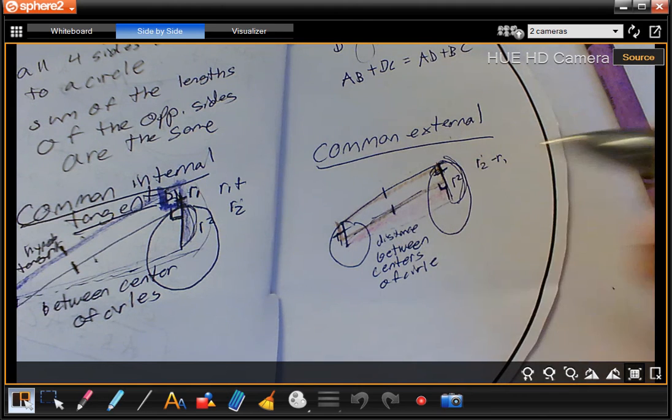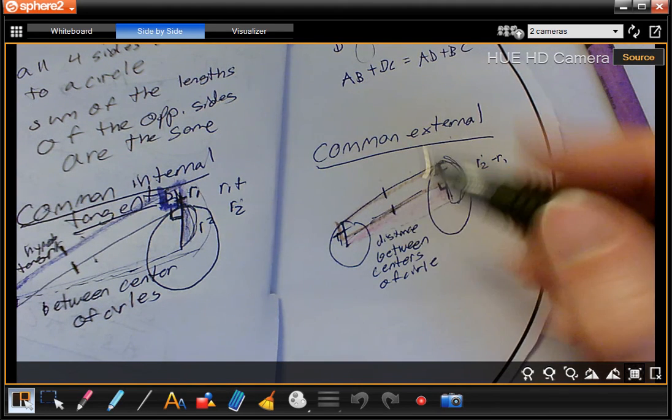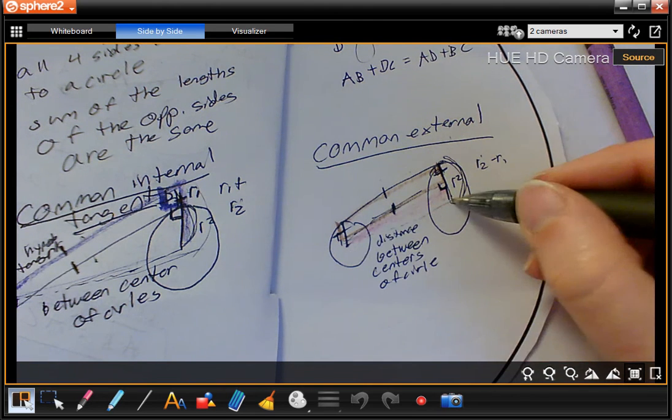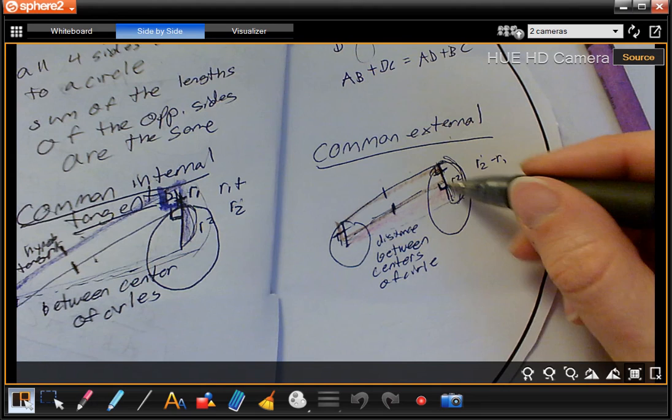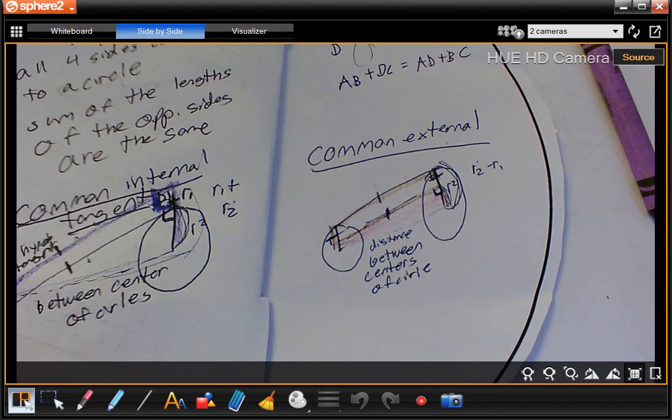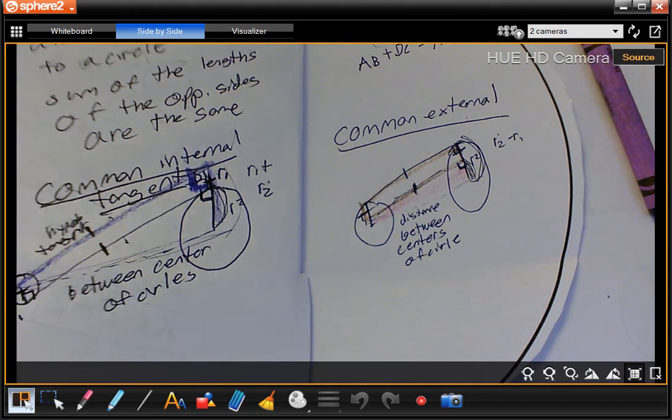And then that's the hypotenuse. And do you see how we kind of have a Pythagorean theorem we can do there with this red one? We don't know what this is. We know the hypotenuse is the distance between the two circles, and we know this little leg right over here is R2 minus R1. Again, we're going to do some examples so then it will make even more sense. Okay, let's try some.